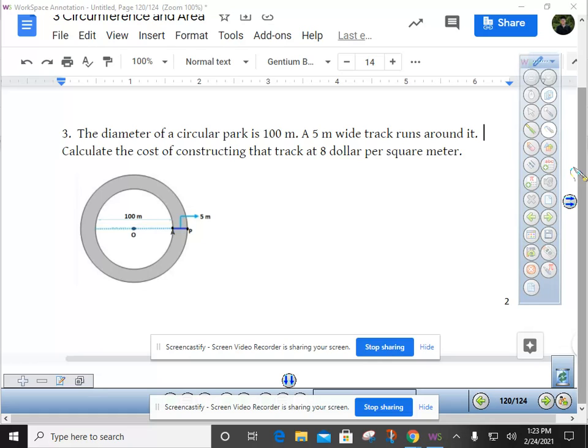Do you see the small circle? What is the diameter? What is the radius? 50. Let's find the area of the small one first.